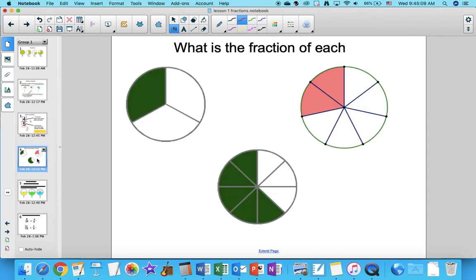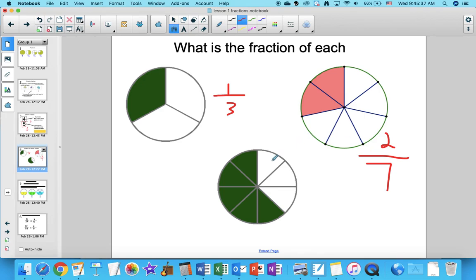So real quick, what are the fractions of each? Pause the video and just figure it out. It should take like 2 seconds. All right, so we have 1, 2, 3 parts in total, so our denominator should be 3. 1 part is colored, so it's 1/3. Here we have 1, 2, 3, 4, 5, 6, 7 parts in total, and 2 are colored, right?